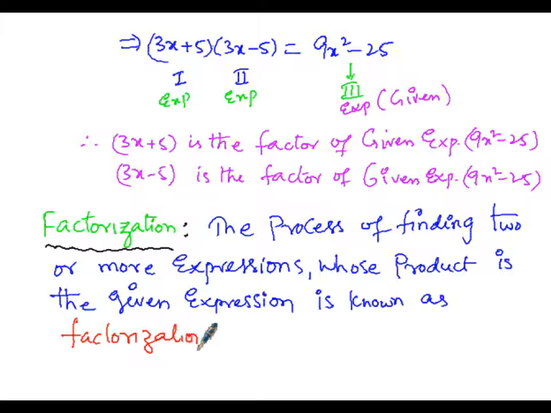So, an expression will be given first, then we have to write the given expression as the product of two or more. In this particular case, 9x square minus 25 is the given expression, and we wrote it as 3x plus 5 as the first expression and 3x minus 5 as the second expression. It is the product of the two expressions. These two expressions are called the factors. Such a process will be called factorization. Or in other words, we are multiplying two factors in order to get the given expression.